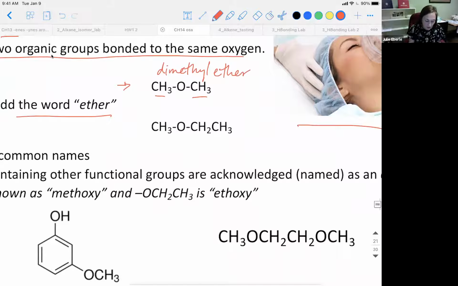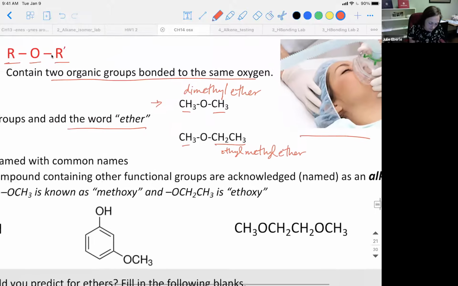And you're going to do it alphabetically. So for the next one, this is ethyl, and this is methyl. So this is going to be ethyl methyl ether. That's fun to say really fast. Ethyl methyl ether.